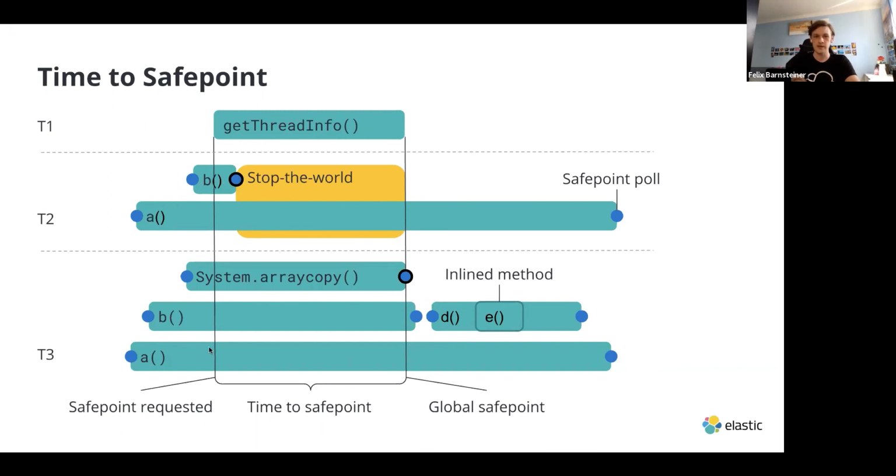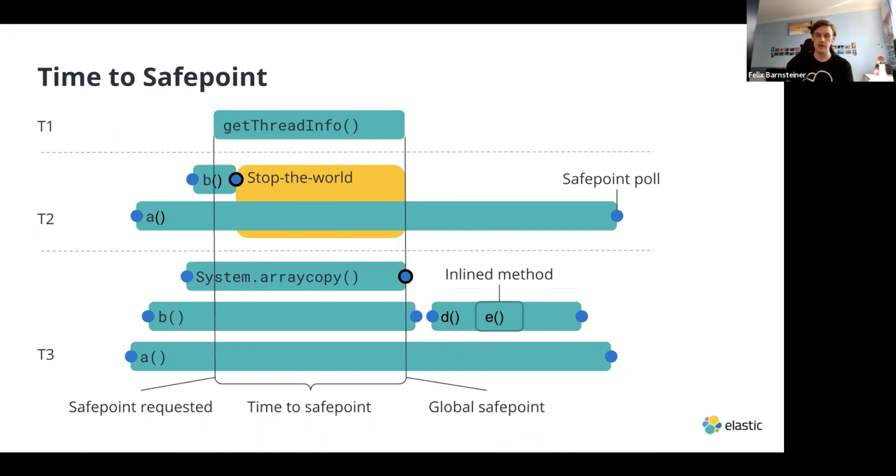So let's look at T3. At the time the safepoint was requested, we are within a JVM intrinsic method, System.arraycopy. This method is, for example, called when an array is resized. By default, it's initialized with a size of 16. But once you add the 17th element, the array has to be copied into a larger array.